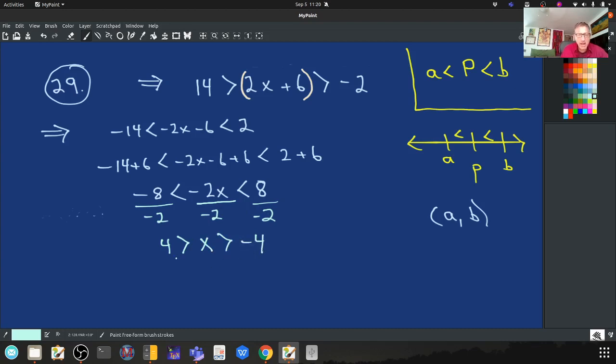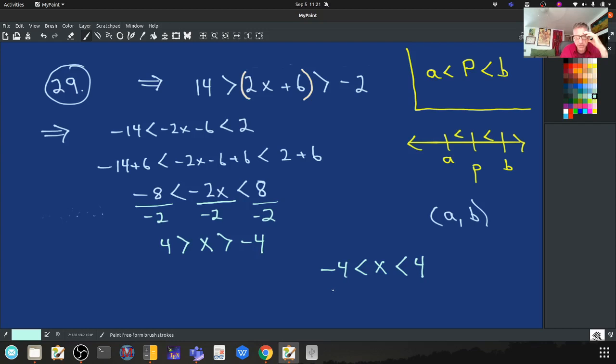So now I can rewrite this without changing or multiplying through by a negative. This says x is greater than minus 4. That's what that says right there. This says x is less than 4.